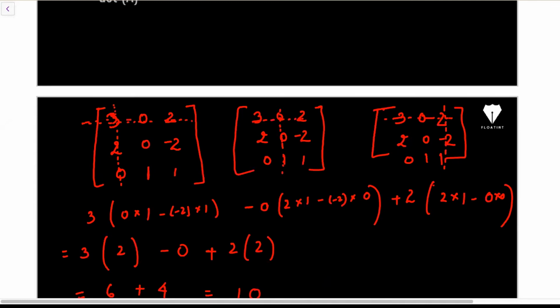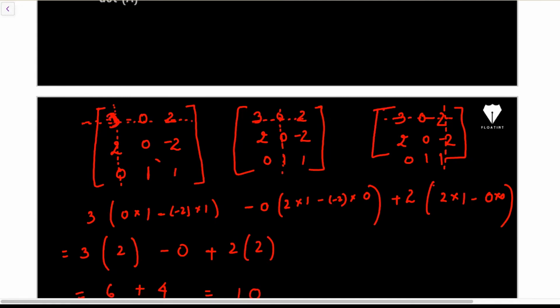Then I'll multiply 0 into 1 minus -2 into 1, and I'll multiply it by the value 3.